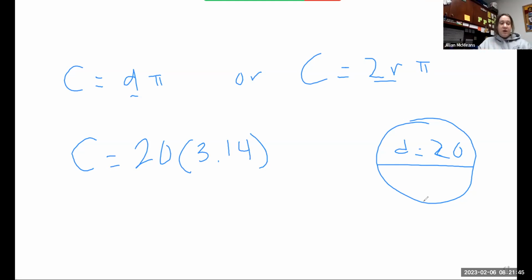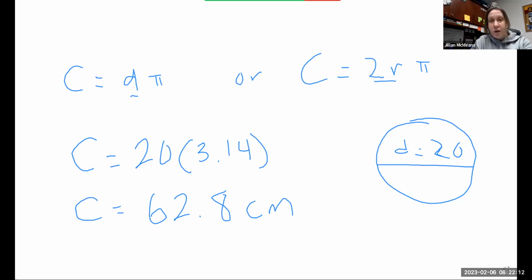If we were doing a class where you were writing stuff out on paper and turning in paper quizzes, I would want to see this: C equals 20 times 3.14. And then you could use your calculator. 20 times 3.14 is 62.8. And I believe we were dealing with centimeters. So the circumference of a circle that has 20 as its diameter would be 62.8.